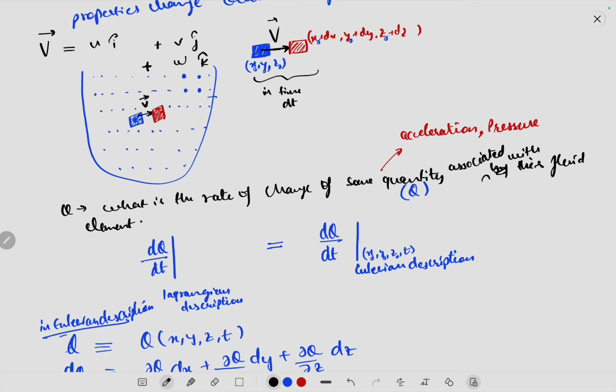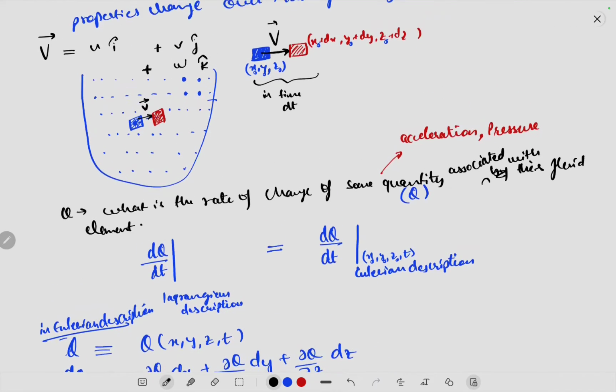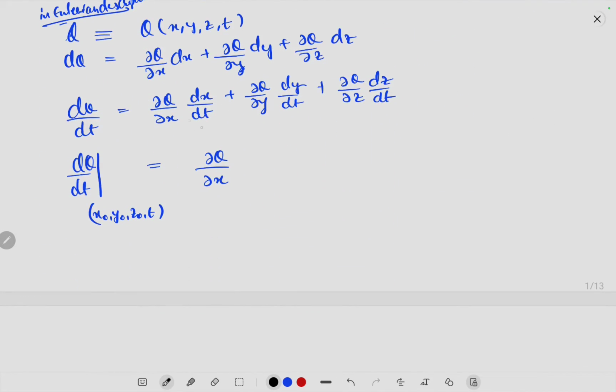All right, so we just argued that the velocity vector at x naught, y naught, z naught, since this is the particle's velocity capital V vector, should be equal to dx by dt. So then this dx by dt is nothing but Vx.